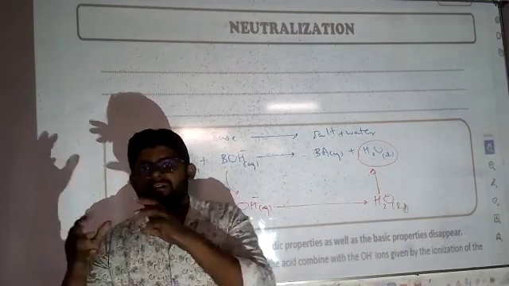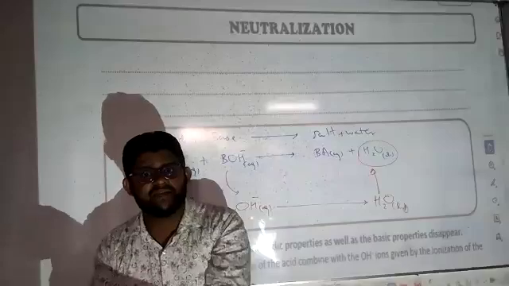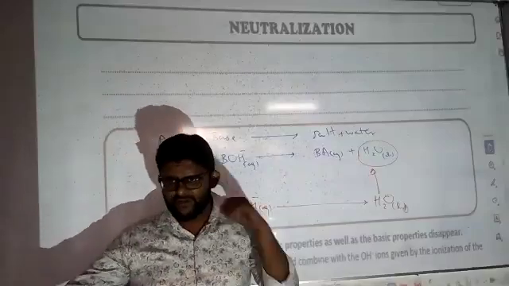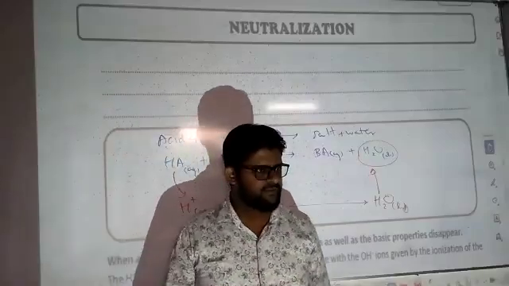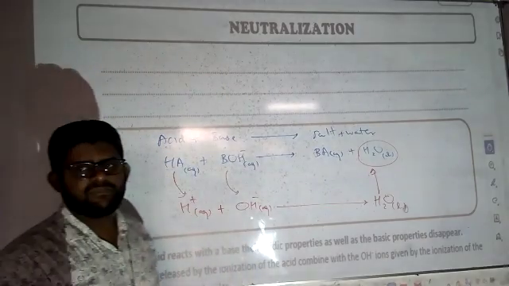If you have a weak base and you are adding a strong acid, then the result becomes acidic. Again you have to neutralize it. So weak to weak, strong to strong, you have to apply in order to neutralize. Is that clear? Okay.